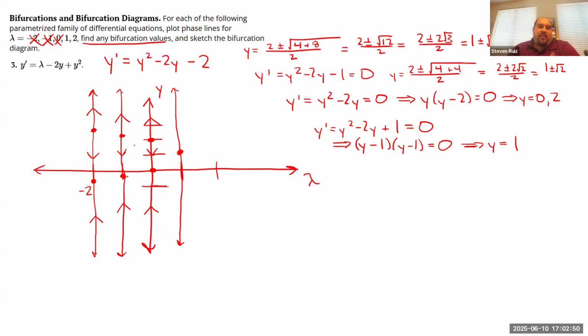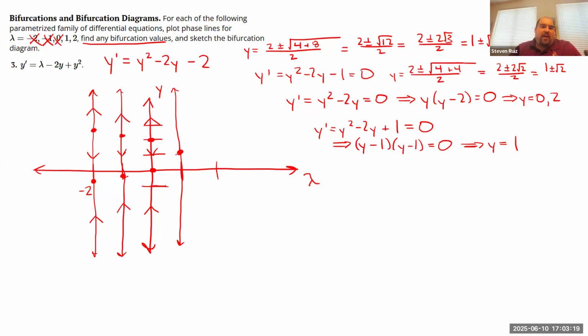And that's why this is the bifurcation value, because for any value of lambda less than 1, we got 2 equilibria. And for lambda equals 1, that behavior changed to 1 equilibrium point. So that's what bifurcation means: the number of equilibria changes. For what value of the parameter does that behavior change?